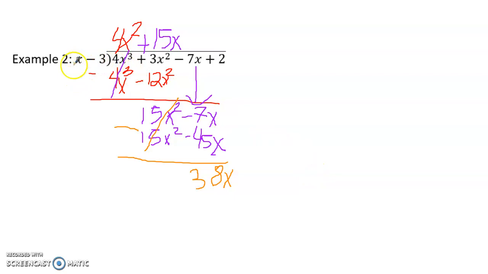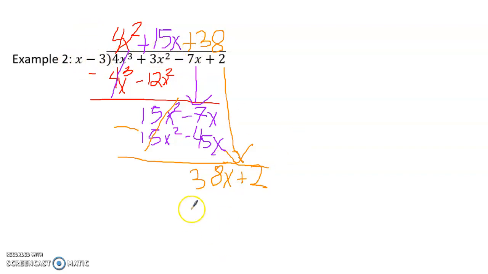And so then we think about, well, what should we multiply x by to give us 38x? And the answer is 38. And we multiply again. But first, can't forget to bring down the plus 2. Then we multiply.